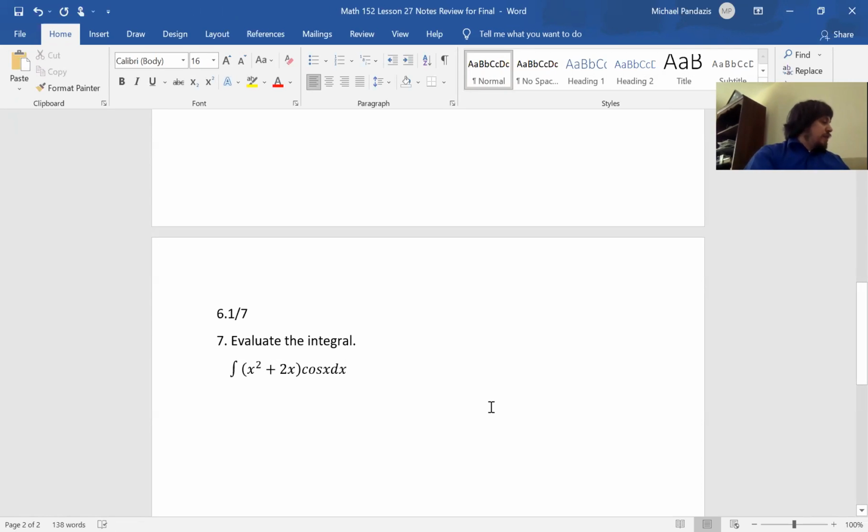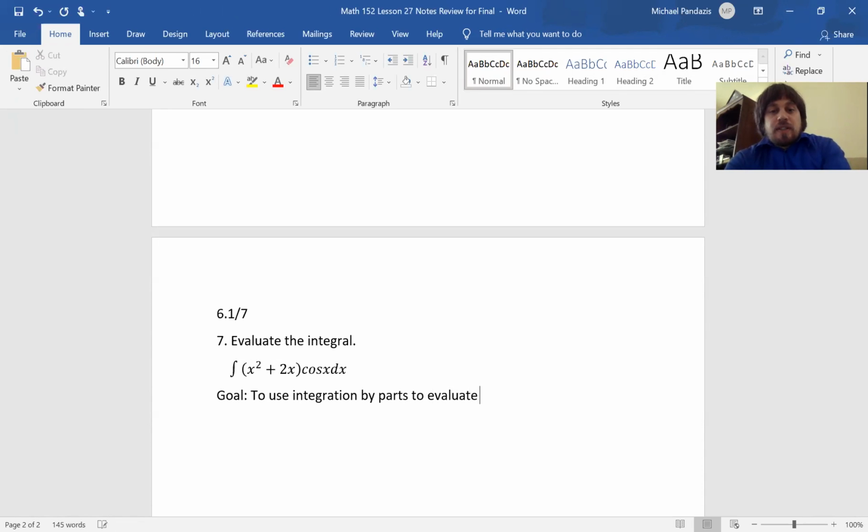Okay, and so this is the section, techniques of integration. And it's integration by parts, right? So the goal is to use integration by parts to evaluate the integral, meaning finding a general antiderivative.